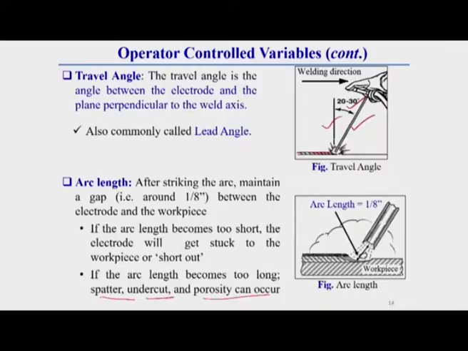Here I will not discuss in detail, but these are the things a welder can operate or control. These operating variables can be controlled, that is why I am telling them here. Another one is travel speed, which I have already discussed. Travel speed means the speed at which the electrode moves along the welding line per unit time, that means how much length is deposited per unit time.